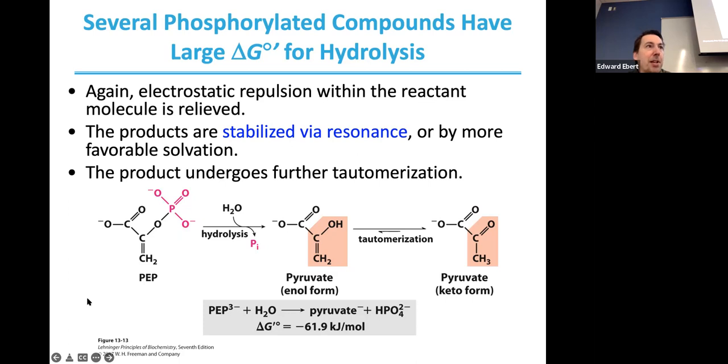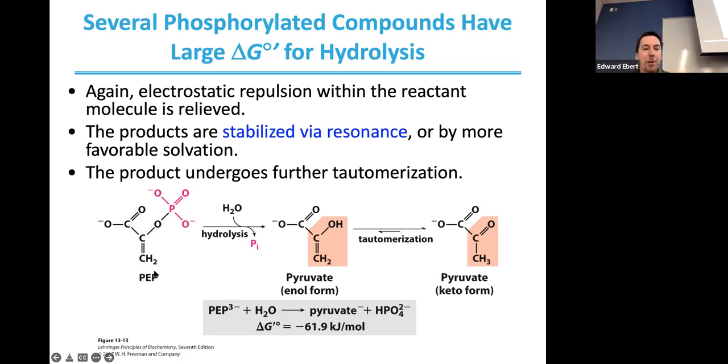We'll see that the hydrolysis of phosphate groups tends to produce a lot of energy, and not just in our nucleotide triphosphates. We'll see other phosphorylated compounds that are high energy as well. For example, phosphoenolpyruvate, PEP, produces a lot of energy, so it puts some PEP in your step.